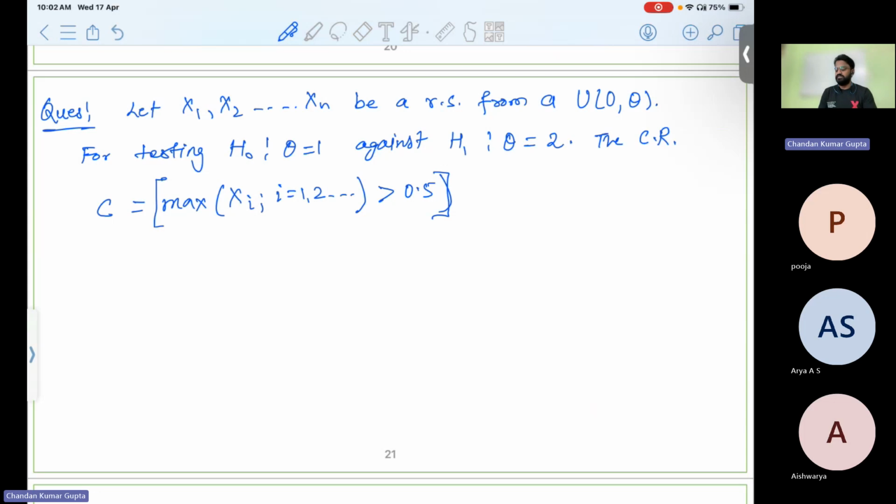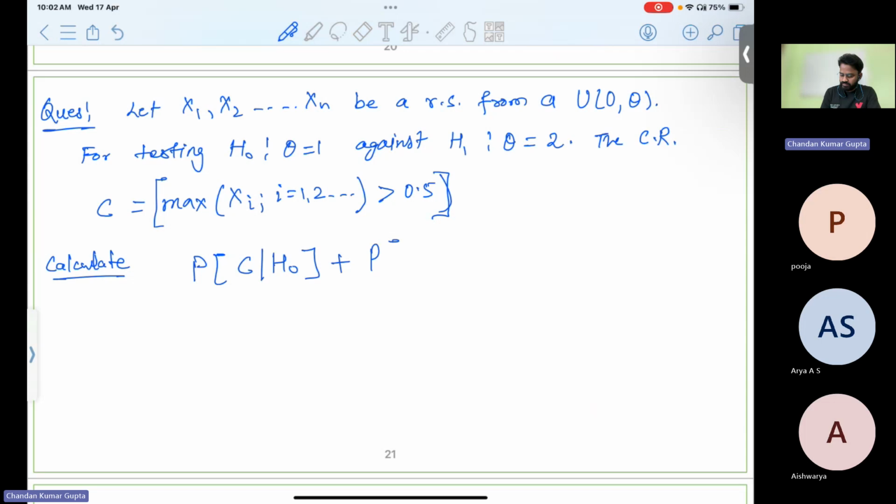This is our critical region. Now we need to calculate the probability of C under H naught, and the probability of C under H1. Okay, we need to calculate this. Can anyone tell me what is this? Which quantity is this and this? Just by the definition, try to.